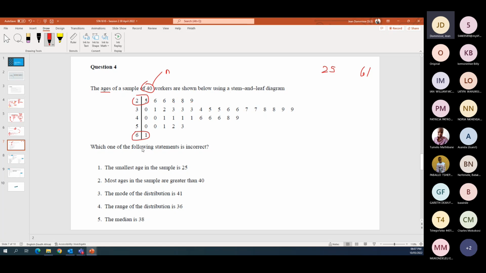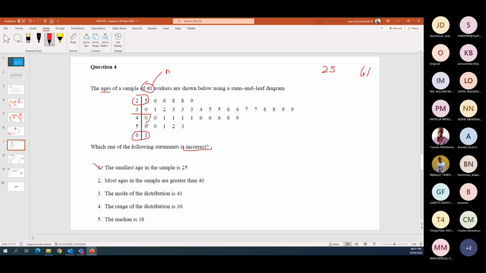Let's look at what they then ask us to do. Incorrect one. The smallest age in the sample is 25. We've identified that, so that is correct. Most ages in the sample are greater than 40. Now we need to look.